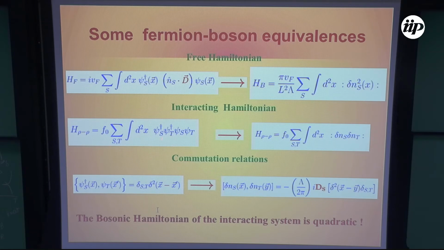Here is just one example of an interaction with F0 that is quartic in the fermions. You can bosonize it again into quadratic terms in the bosons, and the magnetic field enters through this algebra. Again, you have a quadratic theory, more complex, but a quadratic theory that you can diagonalize.